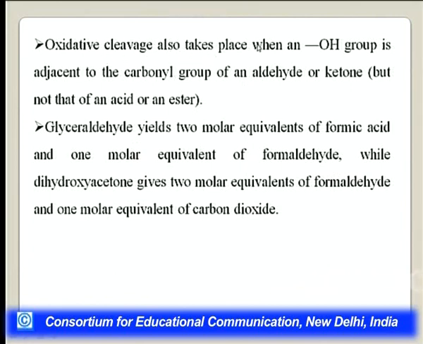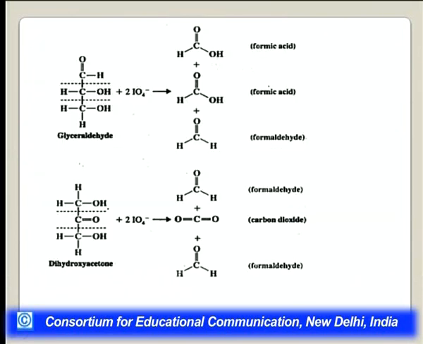Oxidative cleavage also takes place when a hydroxyl group is adjacent to the carbonyl group of an aldehyde or ketone, but not that of an acid or an ester. Glyceraldehyde yields two molar equivalents of formic acid and one molar equivalent of formaldehyde, while dihydroxyacetone gives two molar equivalents of formaldehyde and one molar equivalent of carbon dioxide. So you can see the difference.